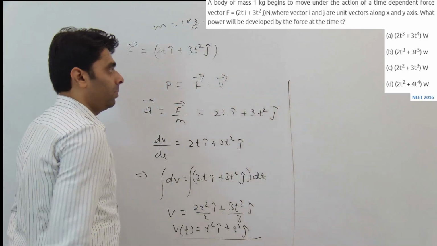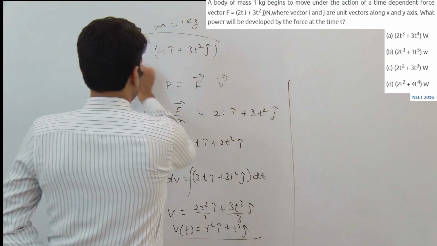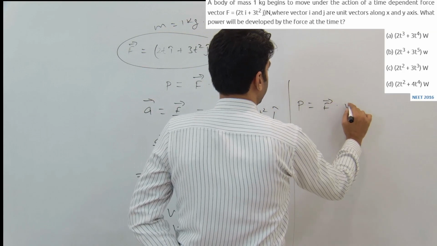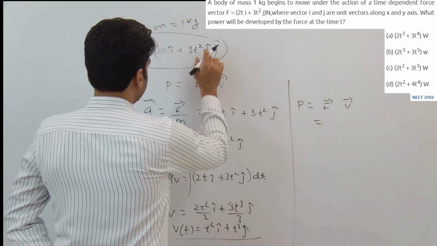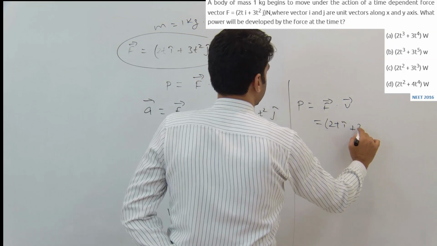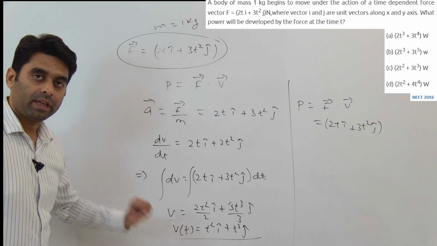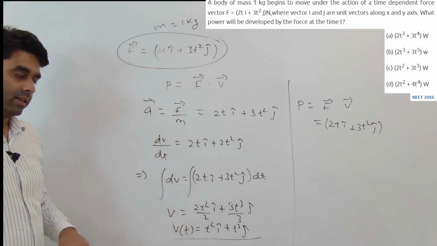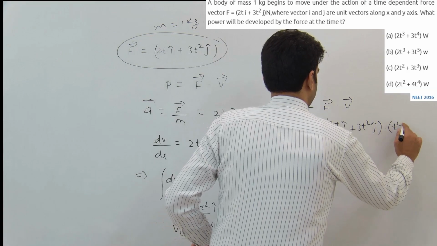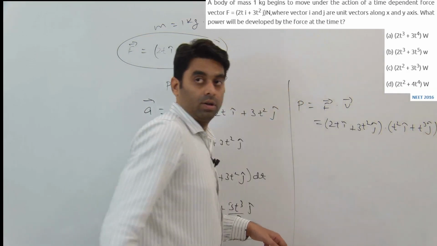Let us write down power. Power will be F dot V. F is 2t i cap plus 3t square j cap, and velocity we calculated by integrating our acceleration, which comes out to be t square i cap plus t cube j cap.